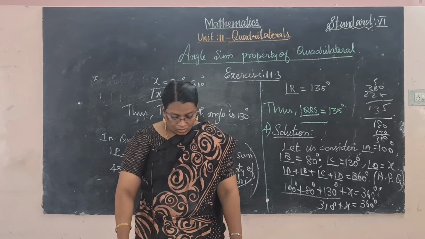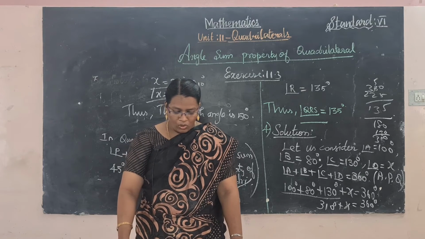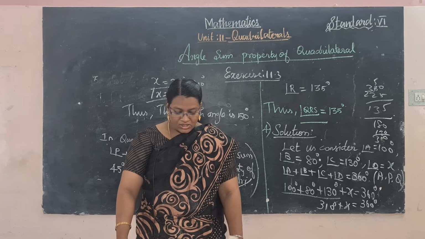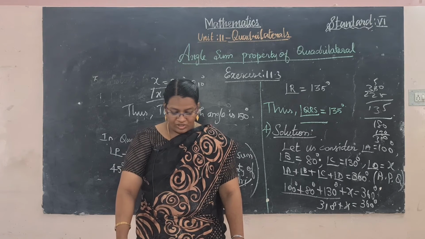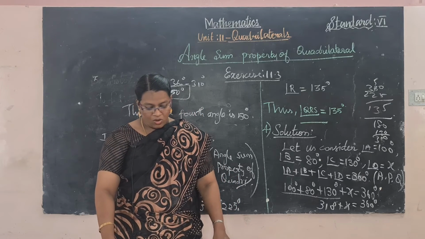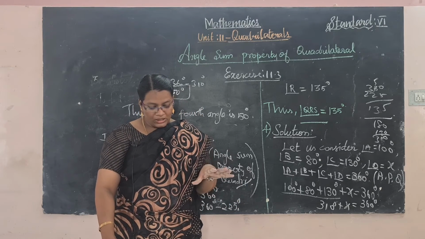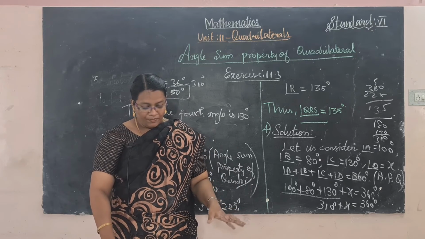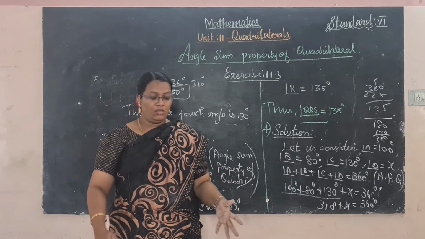And the fifth one: a quadrilateral has all its four angles of the same measurement. What is the measure of each angle? So all four angles are equal, that is given.